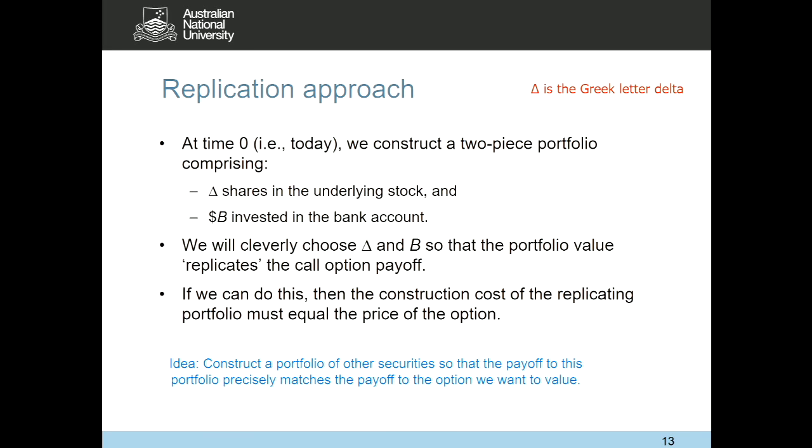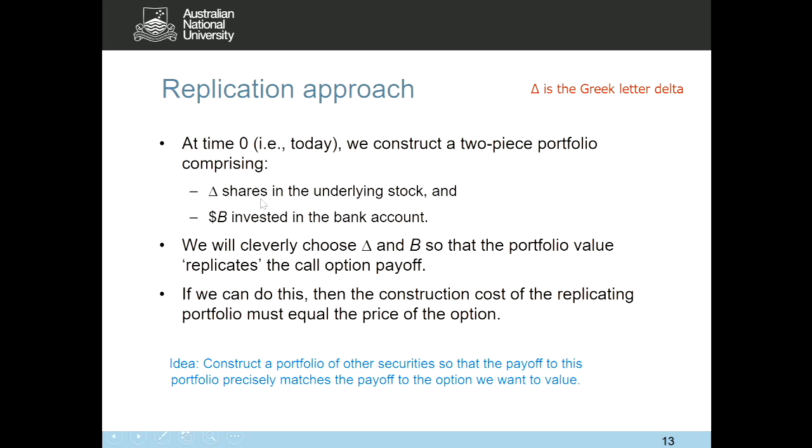All right, if we understand that, then I'm going to introduce the first approach, called the replication approach. Our task here is to replicate the payoff of a call option. Today, at time 0, we're going to construct a two-piece portfolio that replicates the payoff of a call option.